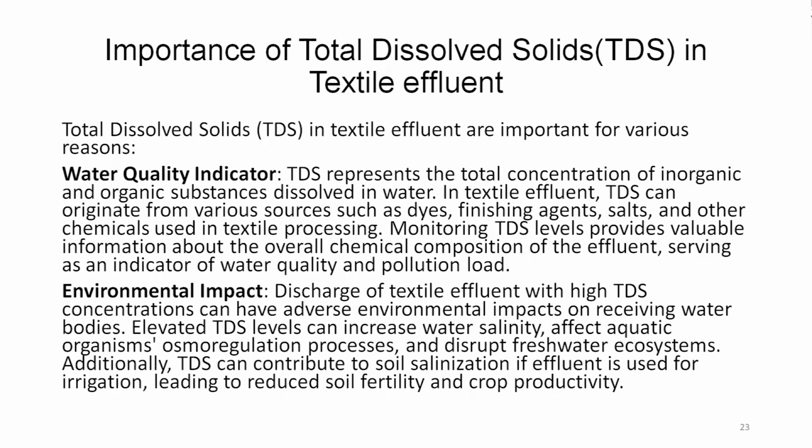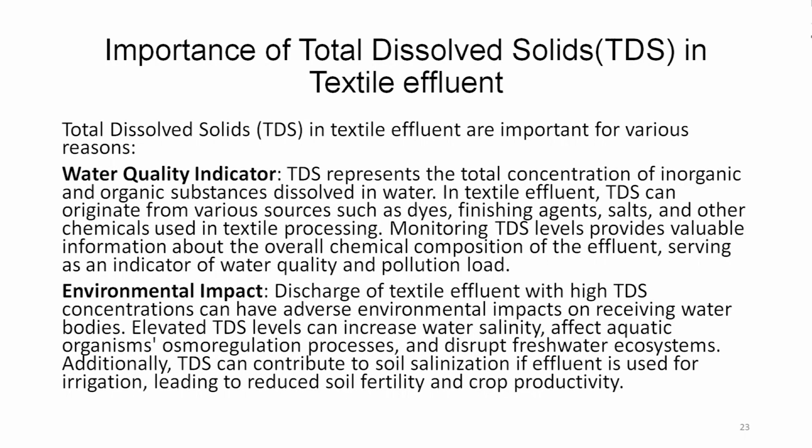Environmental impact. Discharge of textile effluent with high TDS concentrations can have adverse environmental impacts on receiving water bodies. Elevated TDS levels can increase water salinity, affect aquatic organisms' osmoregulation processes, and disrupt freshwater ecosystems.